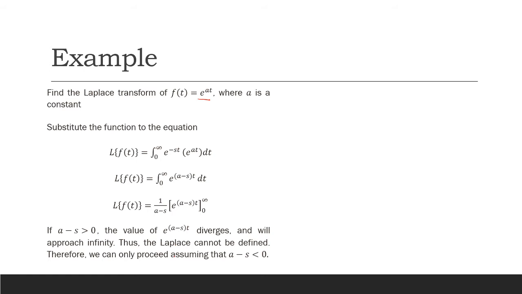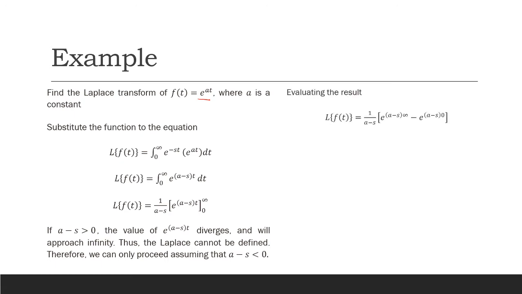So therefore, we can only proceed by assuming that yung a minus s natin will be less than 0. Kasi kapag less than 0 siya, sure tayo na negative yung value. Kahit i-multiply natin yan sa infinity, kasi yung t natin, di ba, papalitan natin yan ng infinity mamaya. Kahit i-multiply mo yan sa infinity, alam natin na magko-converge to 0 yung term na e raised to a minus s times t natin.